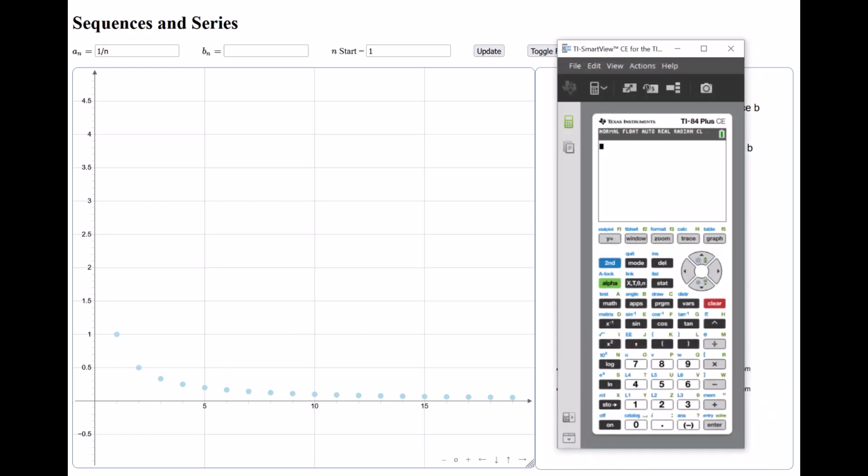So if we take those and divide, so 0.5 divided by 1, it gives us a number that is less than 1. All right, same thing if we go from 0.5 to the next value, so 0.33 divided by 0.5. If it's decreasing in value, we should get a number that's less than 1.